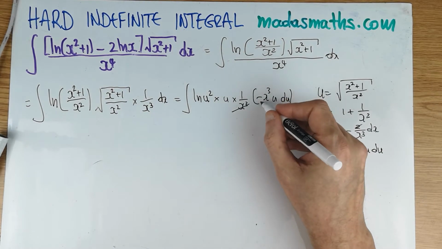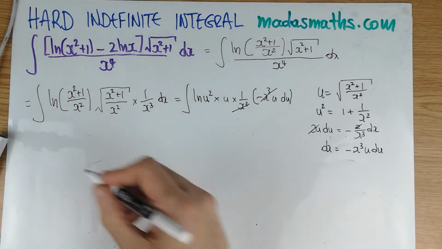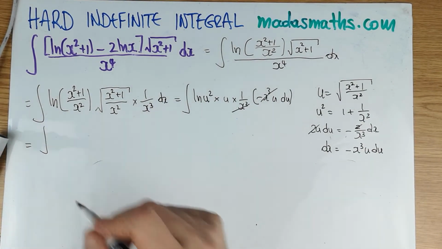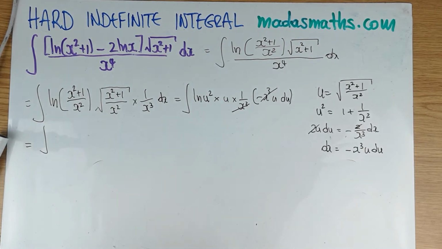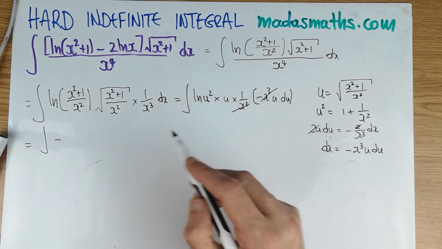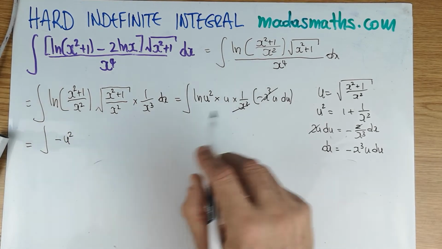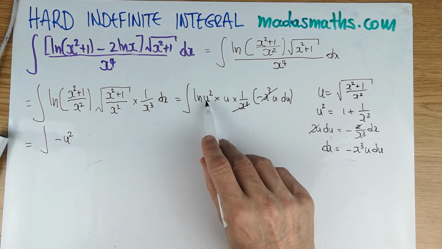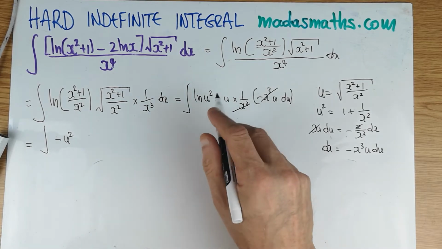And goodbye my friend, things look a lot better. Simplifying, we get a minus from here, u times u is u squared, and this log of u squared I'm going to write as 2 log u. So I'm going to write the 2 there: 2 log u du.